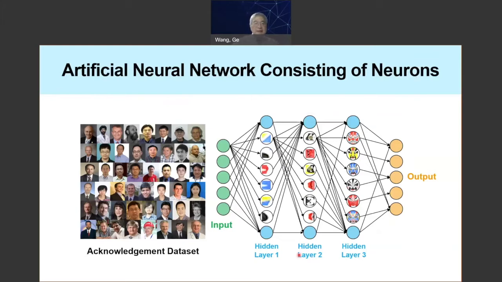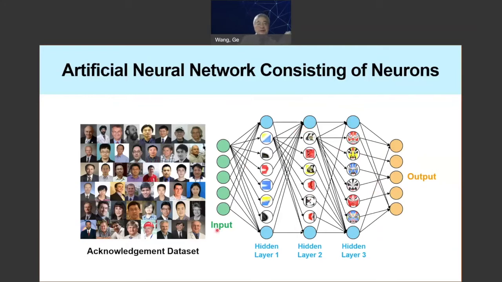Then you can link many neurons together into different architectures. In this case, we have a so-called feed-forward neural network. You have an input layer, which is known, such as a vectorized digital image. Then you have an output layer, which could be a segmented or classified image or some other information, your image analysis results. Between the input and the output layers, you can have a number of hidden layers shown here.